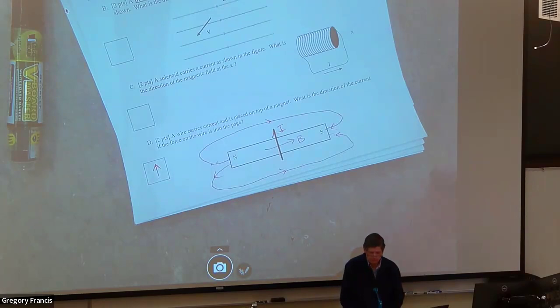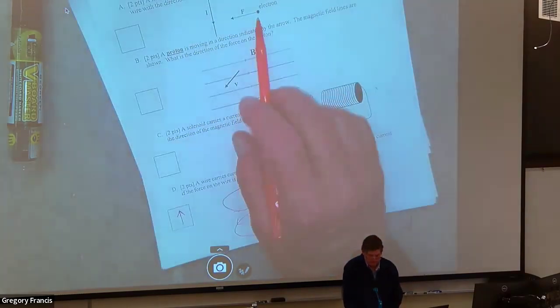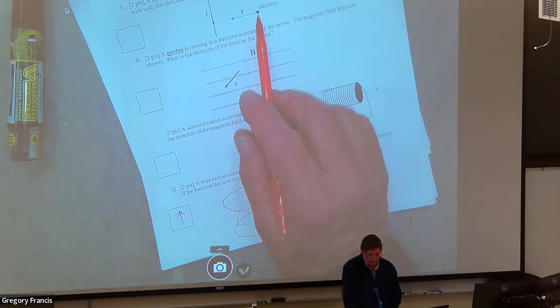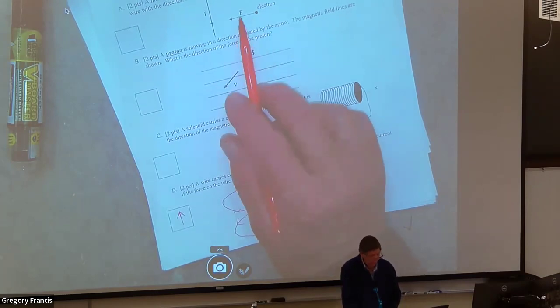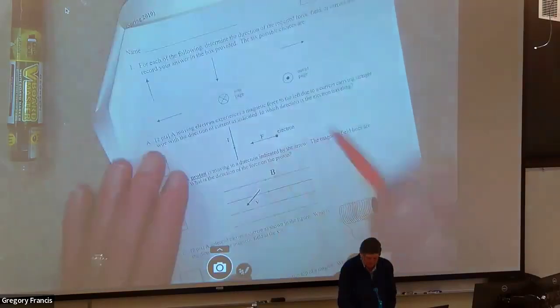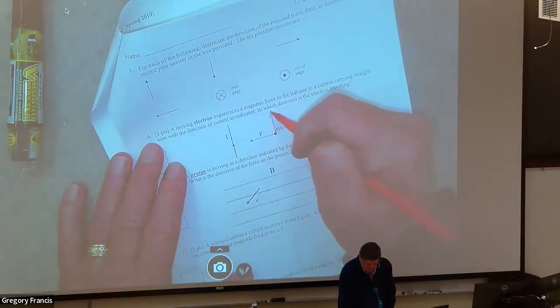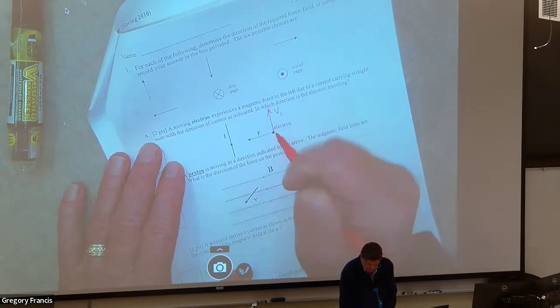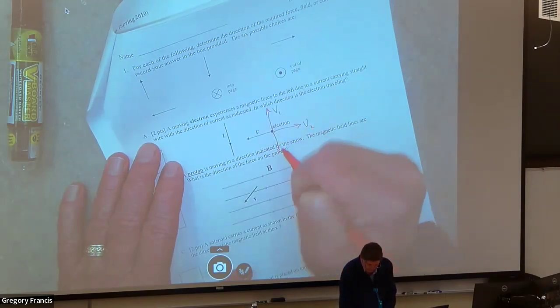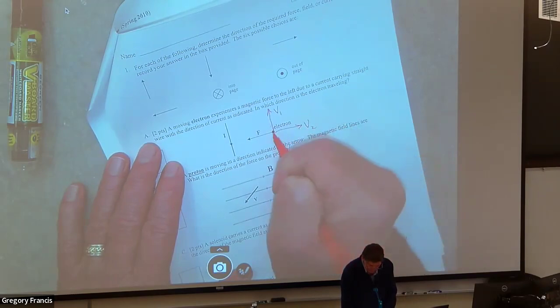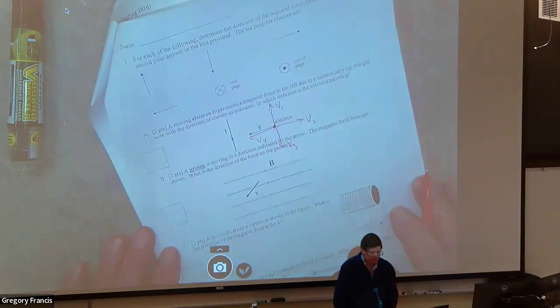Now, when we had problems like this, and we wanted to know which direction would give me a force like that, just think of all the possible options and then try them all.